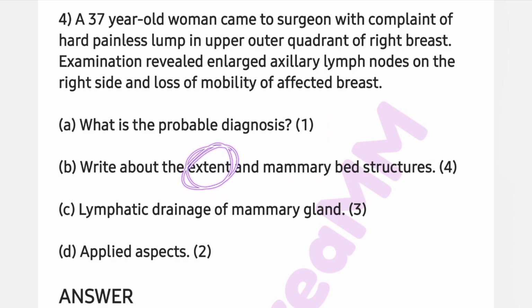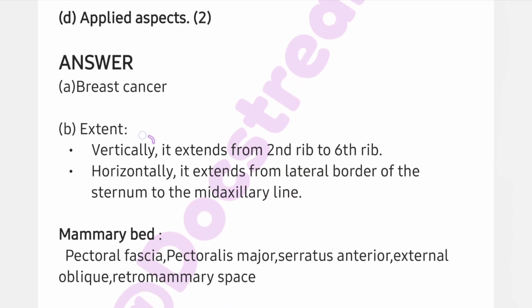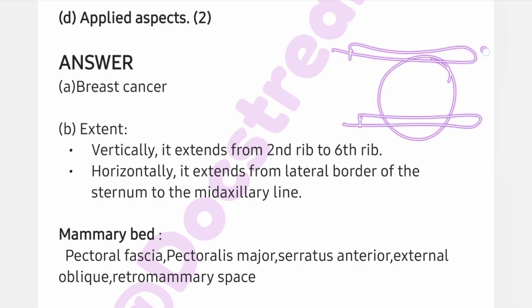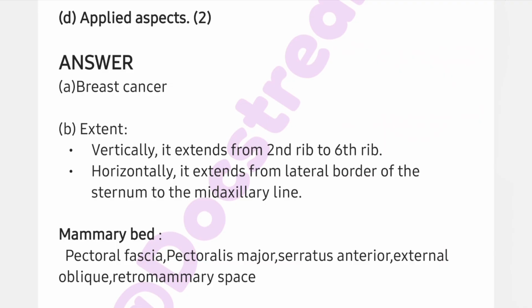Whenever you write about the extent, you should mention horizontal extent and vertical extent. Vertically, the breast extends from the second rib to the sixth rib. Horizontally, imagine this is a body.